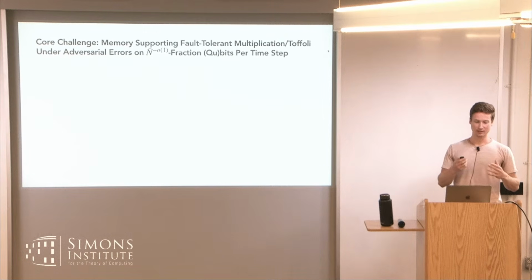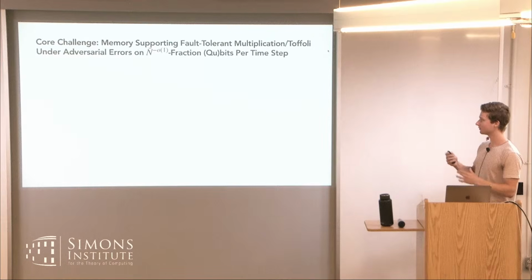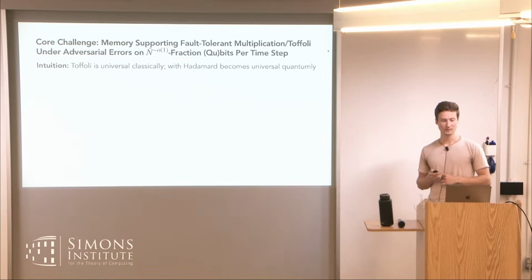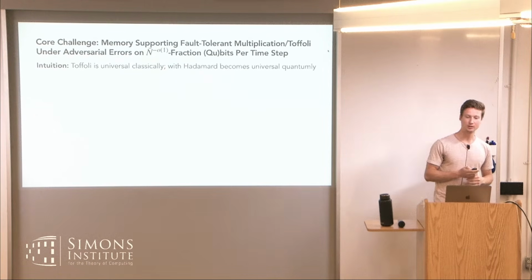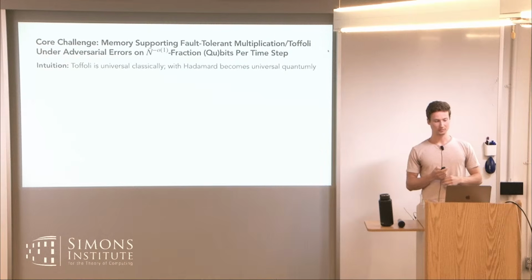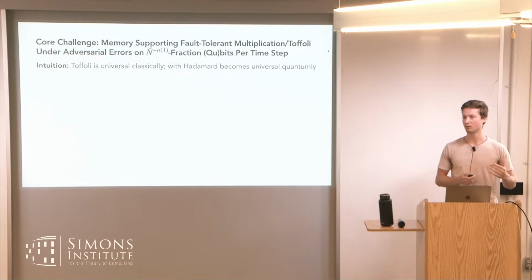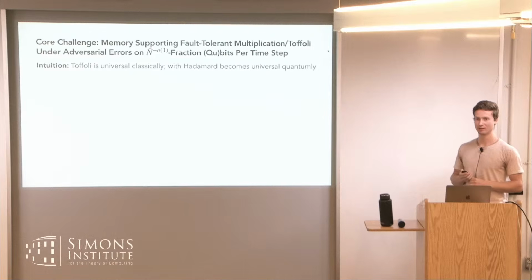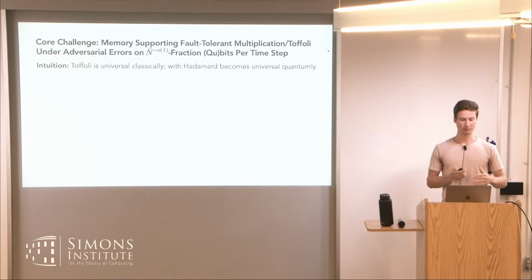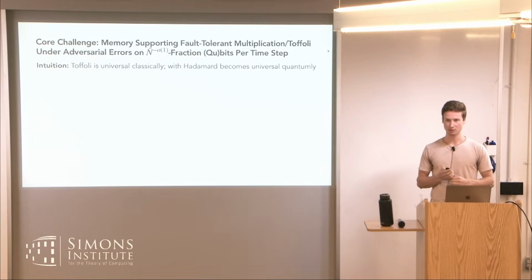The reason for this is that addition and multiplication are universal classically, and codes are typically linear, so you can add for free. Similarly, quantumly, if you add in a Hadamard gate, we get universal computation. So if we have a memory and we can also do fault-tolerant Toffoli or fault-tolerant multiplication, then chances are we can get all the way to universal computation.